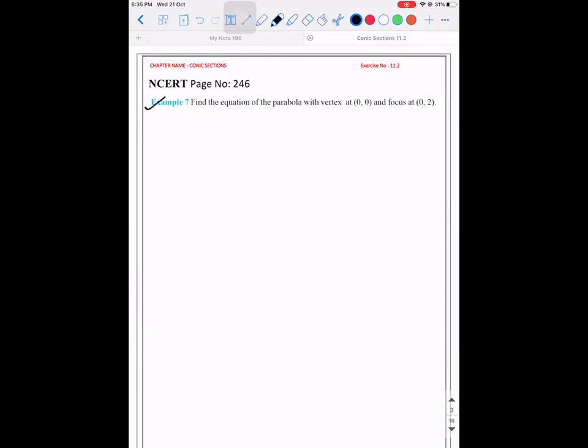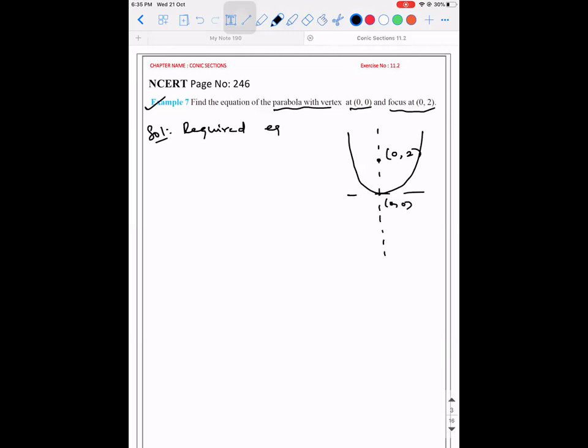Example. Find the equation of the parabola with vertex (0, 0) and focus at (0, 2). (0, 2) is a point on the positive y-axis. So covering that, draw a parabola. It's an upward parabola. Vertex is (0, 0). So the required equation is what? x square is equal to 4ay.